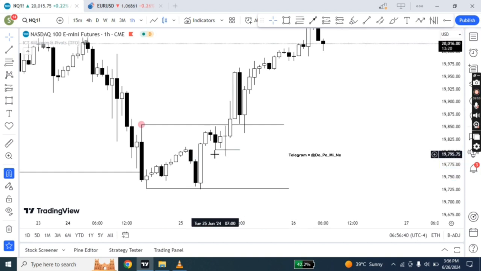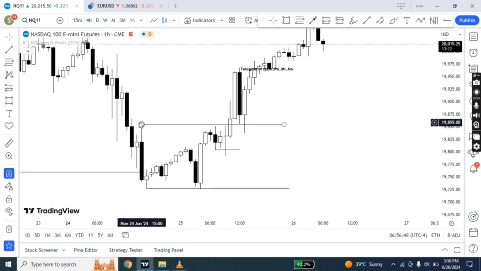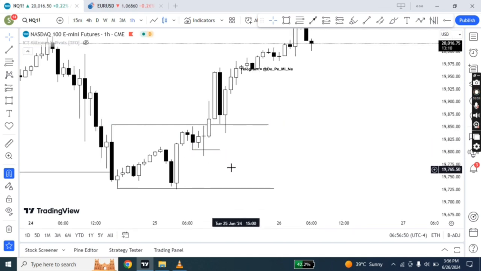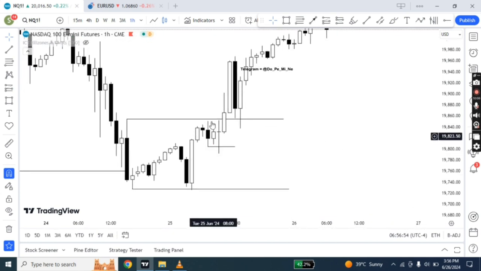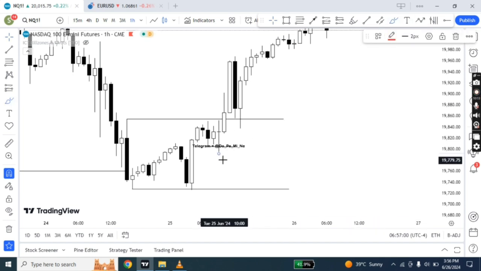Not only that, this candle was formed at a key time, which is 7 a.m. Eastern time. The 7 a.m. Eastern time, along with other times, is a key time for a 1 hour CRT to be formed. So based off of these two factors, I decided that I'm going to potentially trade this CRT. On top of that, I waited for this CRT to be purged at the right time, and that CRT purged at the 9 a.m. key time.